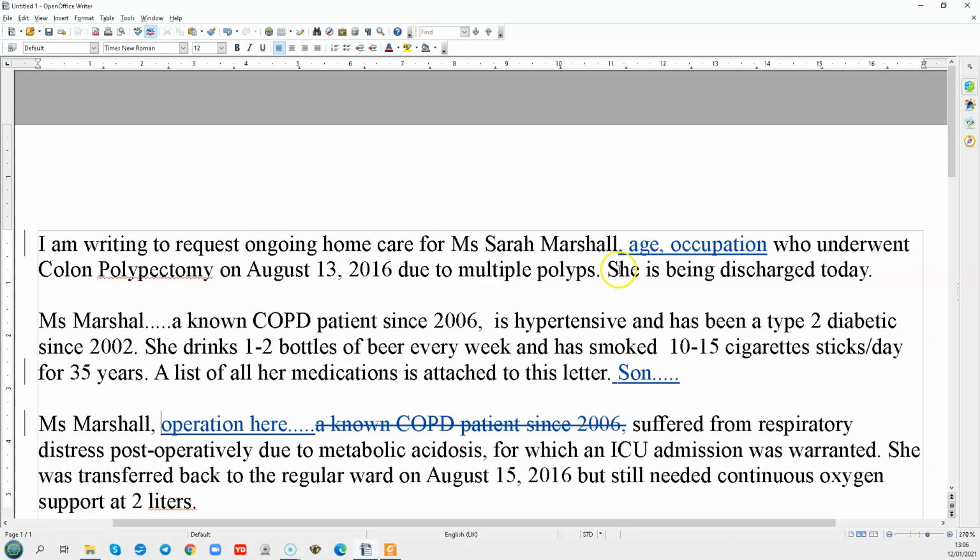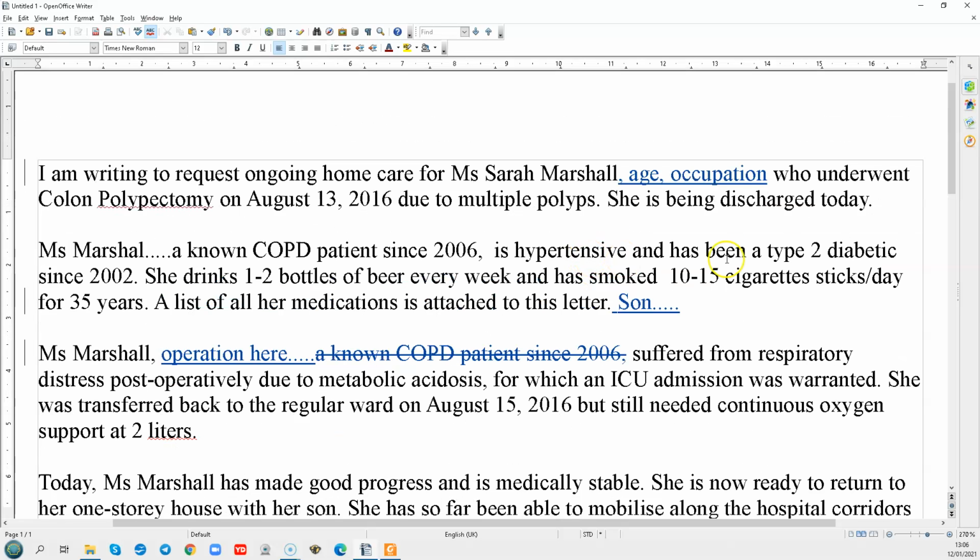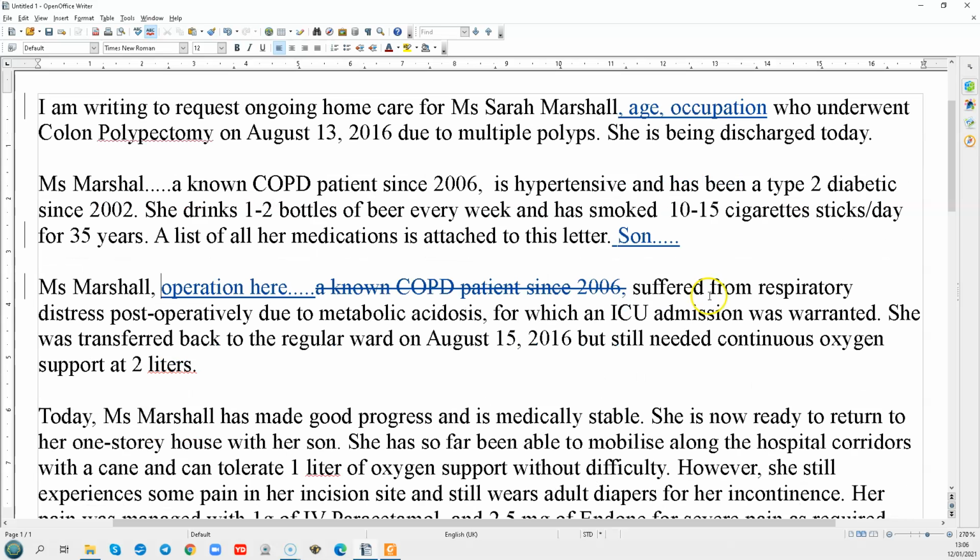So you're writing to somebody at a care home, is it, or some kind of nursing thing who is going to come and pay home visits. So you don't really need all this information, not really.